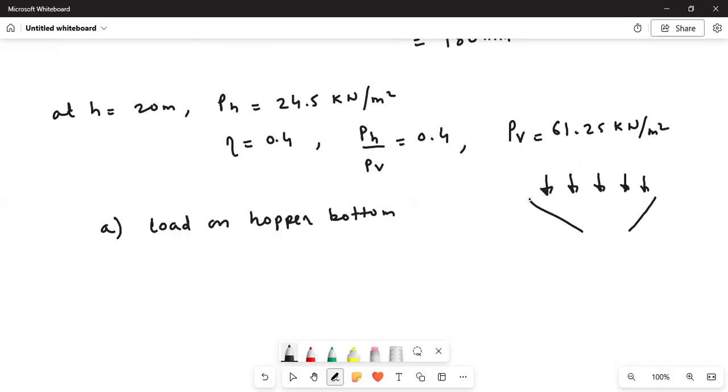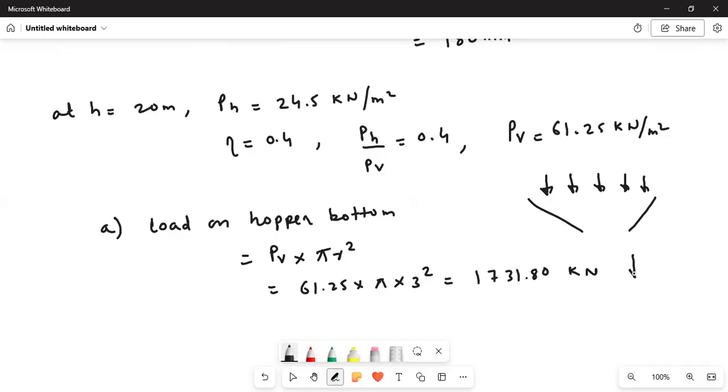The diameter is 6 meter, so the radius will be 3 meter. So PV into pi r square is 61.25 into pi into 3 square, and this is coming as 1731.80 kilonewton, which is vertically downward because the load is going downward.